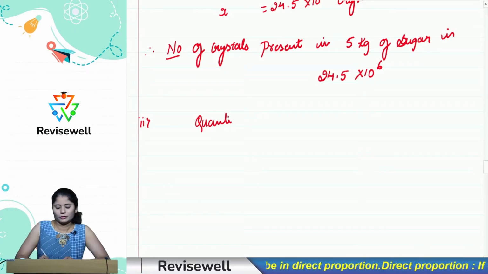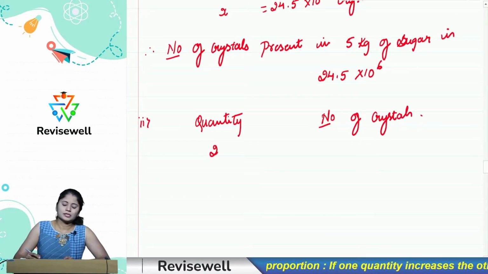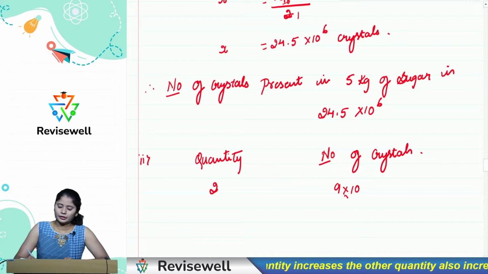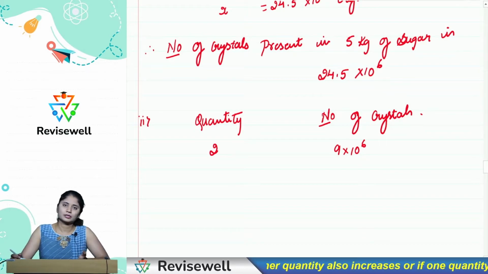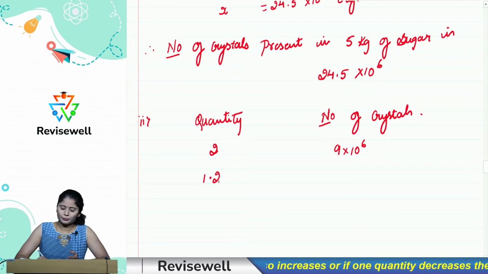So 2 kgs of sugar contains 9 multiplied by 10 raised to power 6 crystals. Now what is the number of crystals present in 1.2 kgs of sugar?